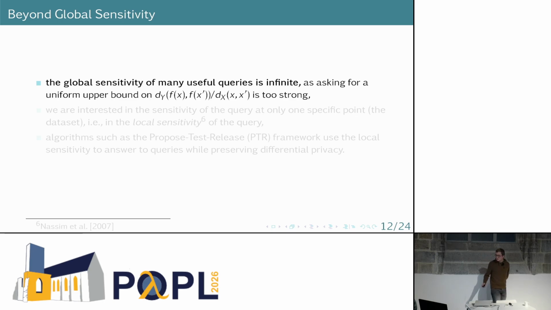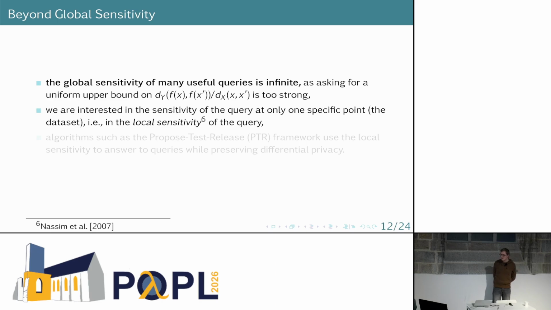And actually, in practice, we are only interested in the sensitivity at a very specific point, which is the real data set. So instead, we're going to study local sensitivity, which I'm going to define formally in a minute, but intuitively it's just the sensitivity, but at a given point. So instead of considering the Lipschitz constant, we're considering the derivative, in a way.